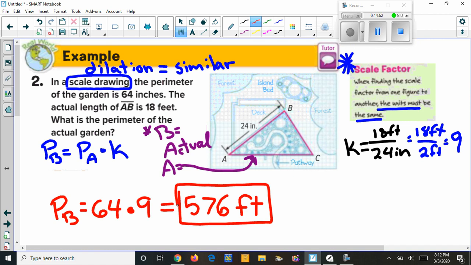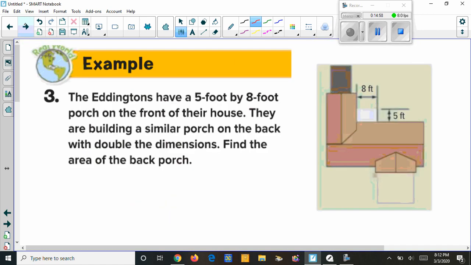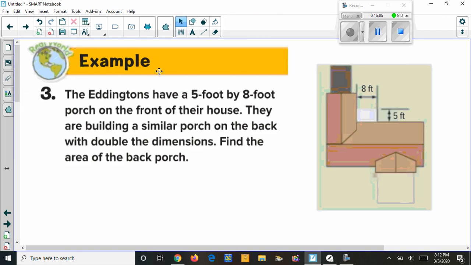Now I'm going to move on to example 3. So hang in there. We're almost through this. Example 3. Example 3 says the Eddingtons have a 5-foot by 8-foot porch on the front of their house.